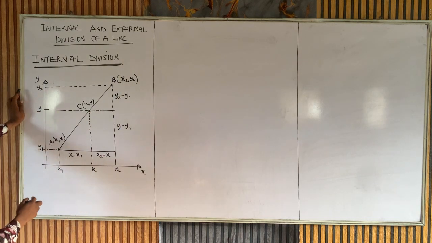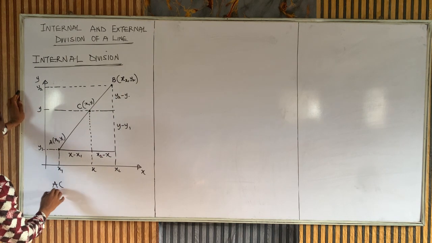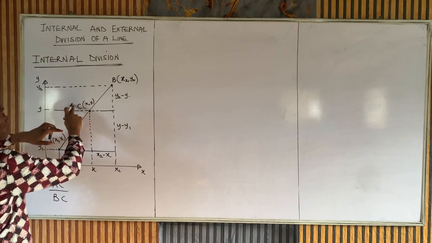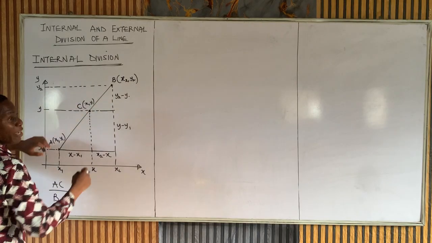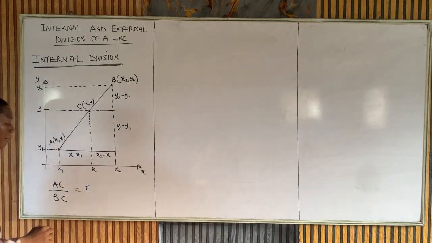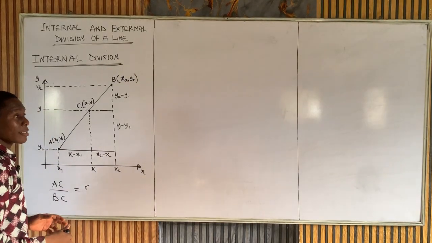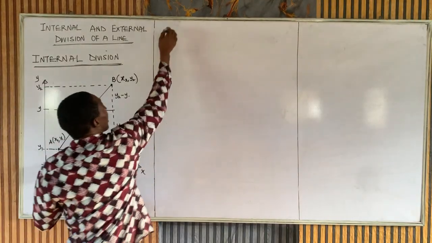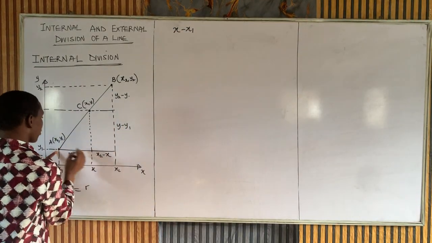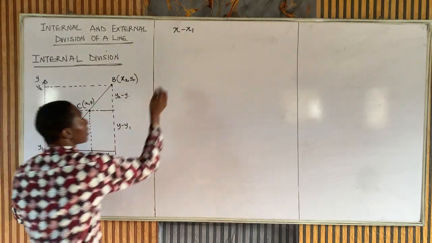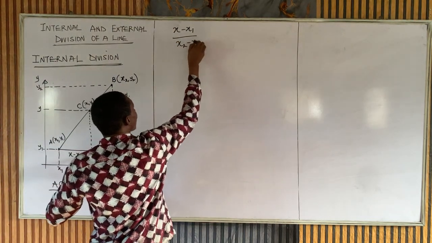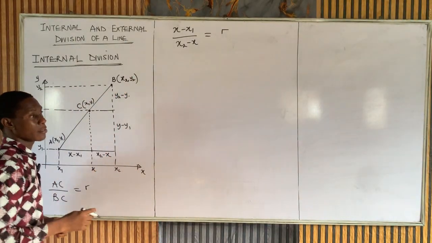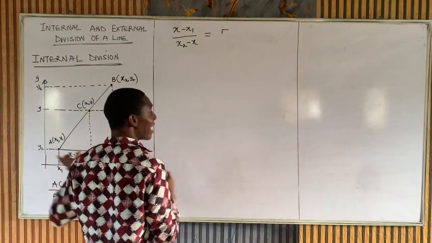Now, we can say that the ratio of AC to CB, however you want to put it, is given as R. And so along the x-axis, we can say that x minus x1, the distance from here to here, divided by the distance from here to here, which is x2 minus x, is simply equal to R, which is the ratio in which C divides the line AB.